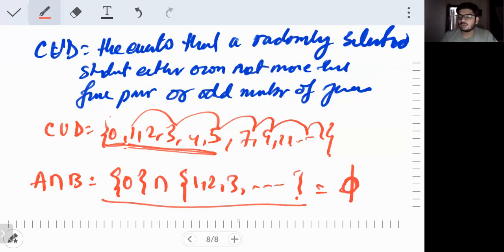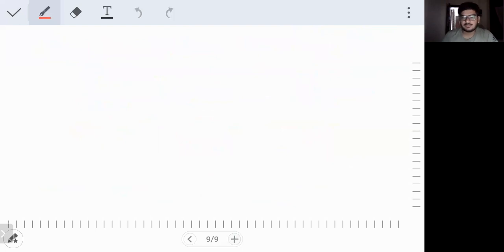Now the complement of an event. If we define the event D, first we have to define the complement of an event. The complement of D is the event that a randomly selected student owns an even number of pairs. Why?